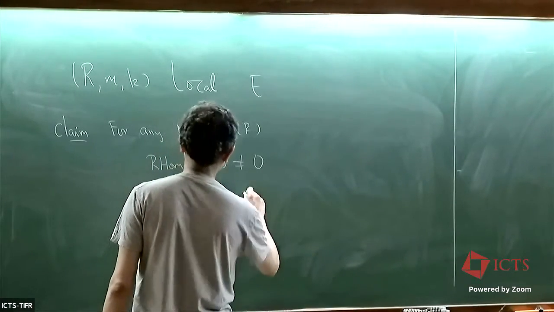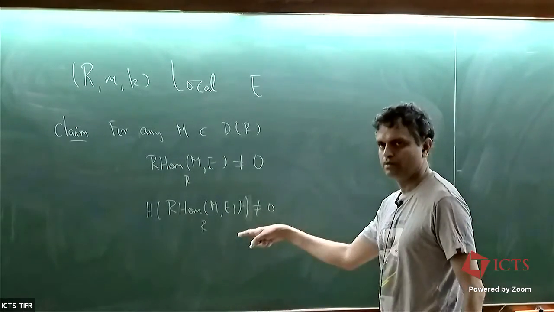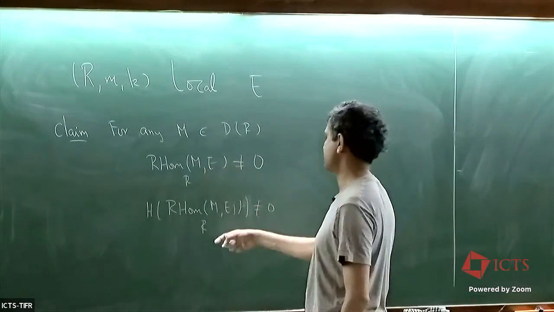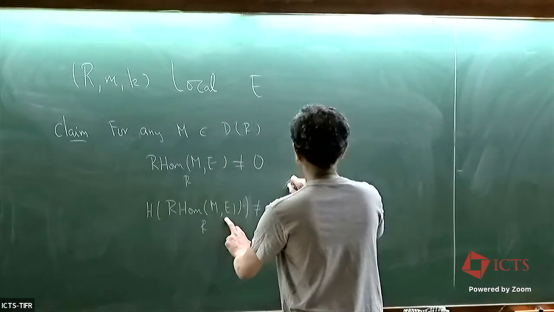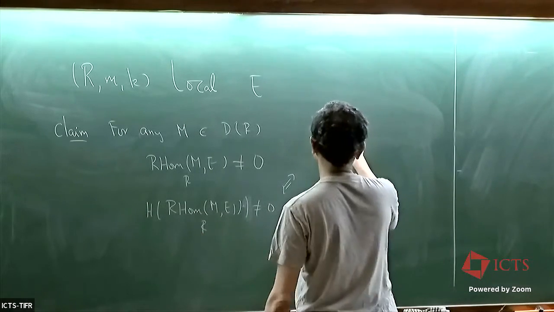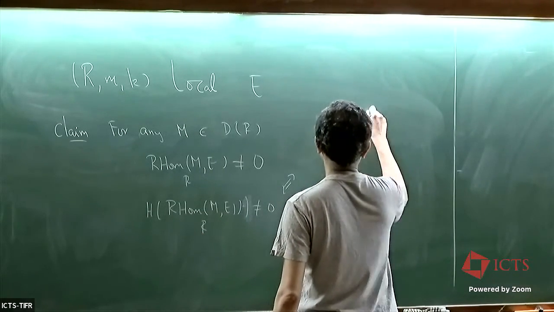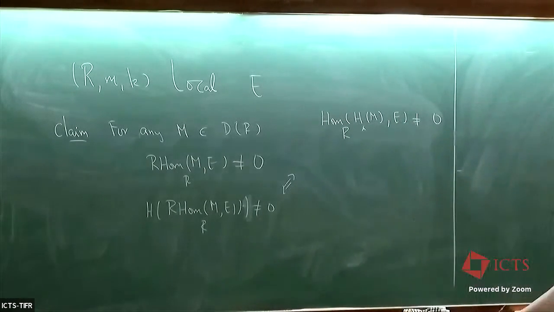Is non-zero, correct? So this statement is basically saying that the homology is non-zero. But since E is injective, this is equivalent to the statement that you can forget about the derived business. It's just a statement that there are maps from the homology to E, because E is injective.